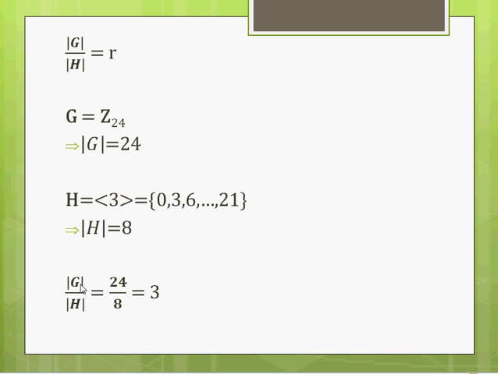And we could find the number of cosets it would take to partition Z24 by doing the order of the group divided by the order of the subgroup, which is 3. So we could have done this earlier too. We could have used this formula. Remember we wrote out bracket 3 plus 1, bracket 3 plus 2, and bracket 3 plus 0, and that partitioned the group.